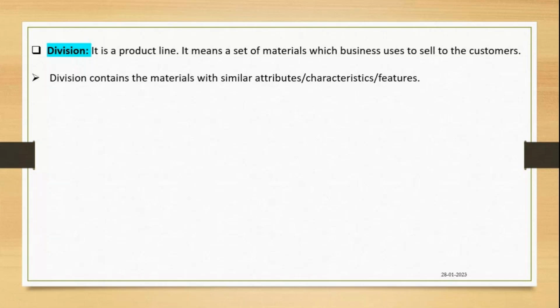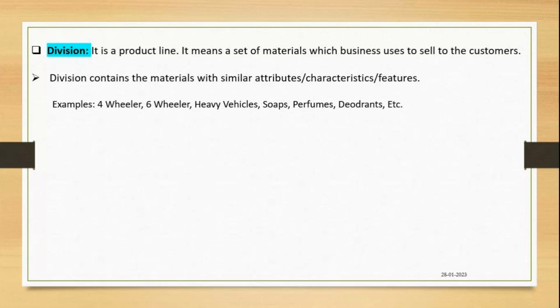All the materials of that nature are considered a division. Similarly in fruits, different fruits are different materials. So a division is nothing but a product line, a set of materials which have similar attributes. Examples: four-wheeler, six-wheeler, heavy vehicle, soaps, perfumes, deodorants, like that. Lakhs of divisions exist overall, but for one business, we take the total materials and segregate them into divisions based on their attributes or features.